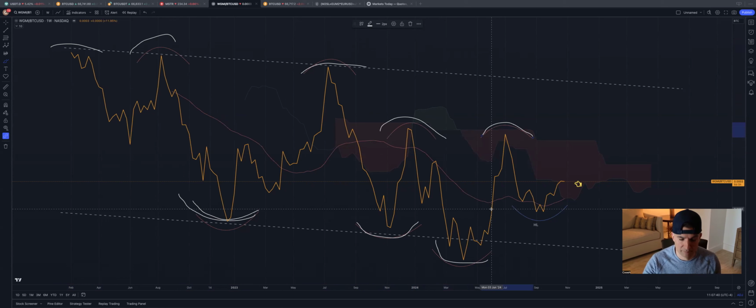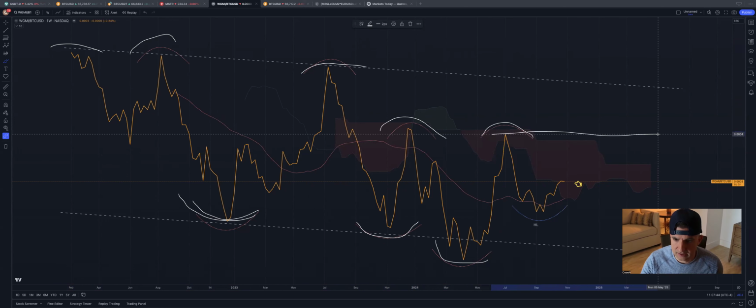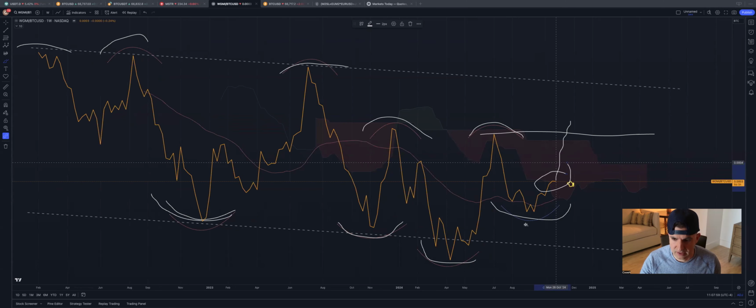And for the first time, and this isn't confirmed until, technically, this is broken here, we have a higher low. So we'd be looking for a break in market structure, a change of character. Here, we do have a break in this cloud, this very thick cloud that's red. We're in it right now.